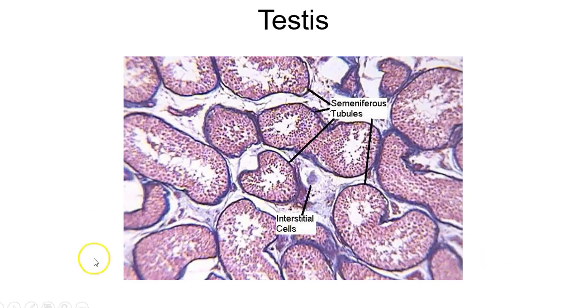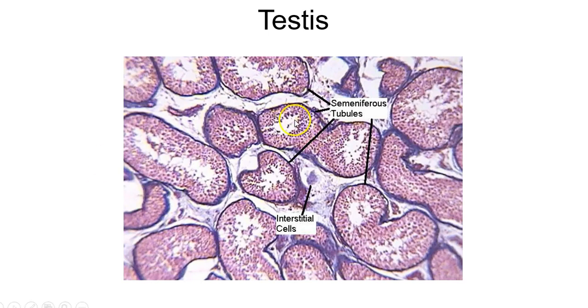So, seminiferous tubules, as you see right here, again, what we're looking at is a thin slice of a testis. It's laid on a microscope slide, and we're looking down on this. Each of these chambers that you see with a heavy wall around the outside is a tube. It's cut crossways. We're looking down on it. That tube goes down, it folds back and forth.